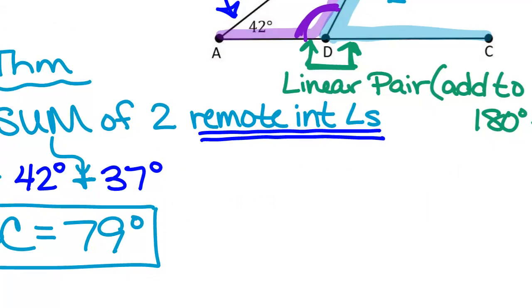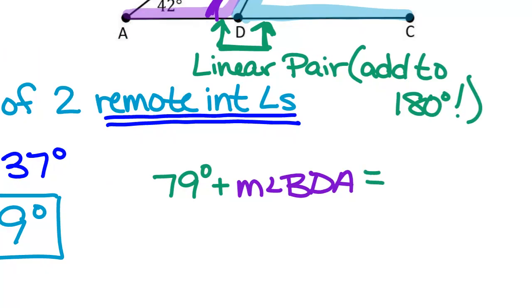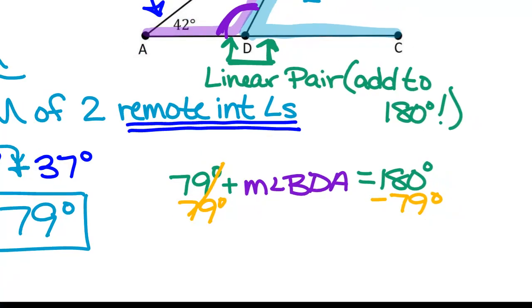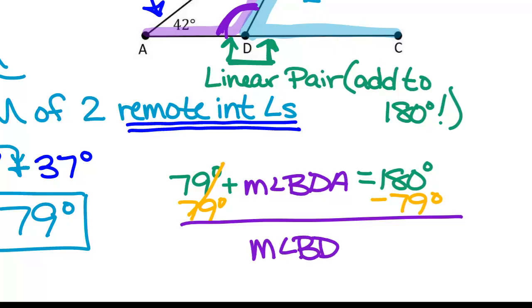Well, we know that the other angle is 79 degrees, so 79 degrees plus the measure of angle BDA is equal to 180. So then I subtract 79 from both sides. How big is angle BDA? 181. Sorry, 101, not 181. 101.